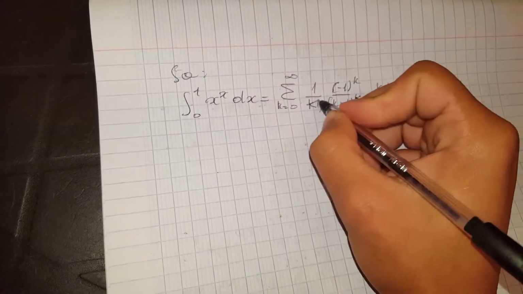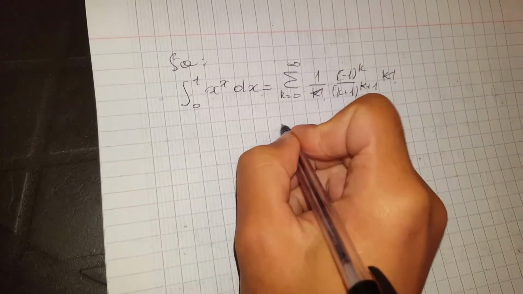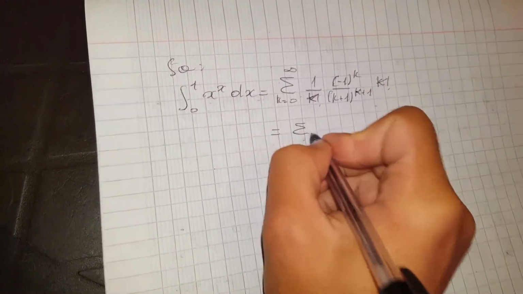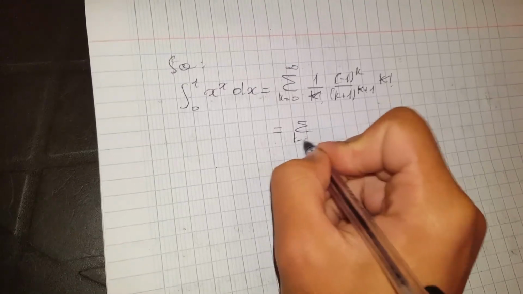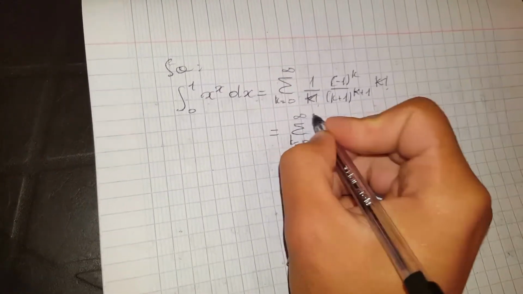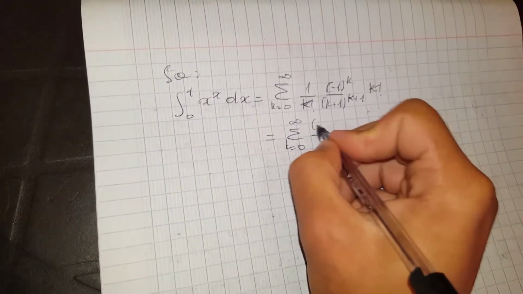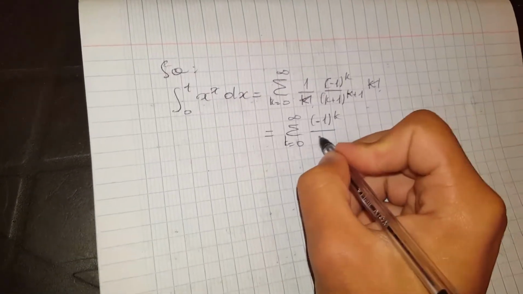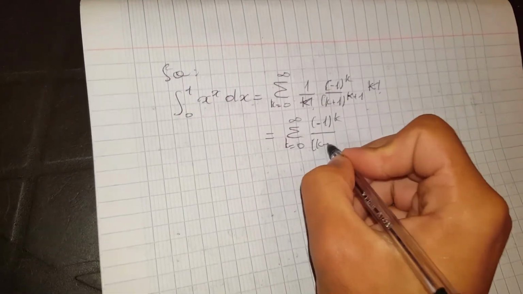We're going to get rid of the k factorial. It's going to give us the sum from 0 to infinity of minus 1 to the k over (k plus 1) to the power of k plus 1.